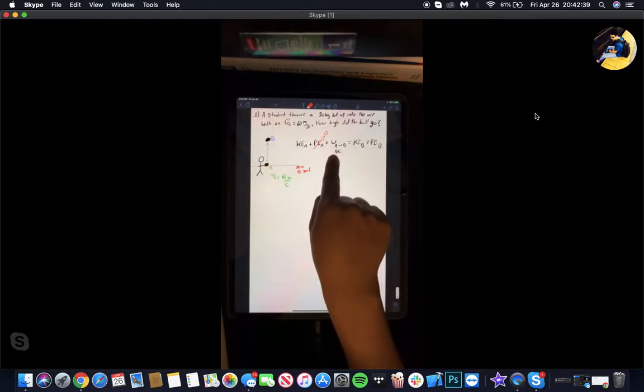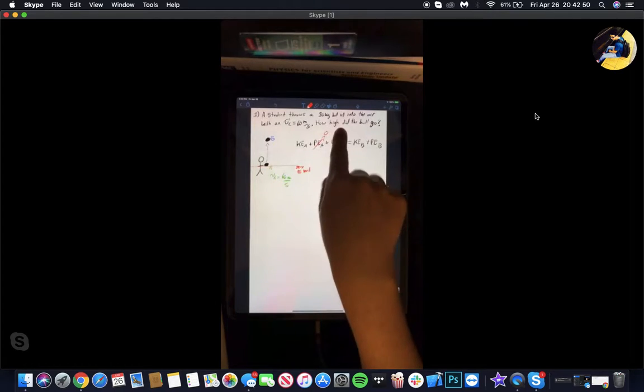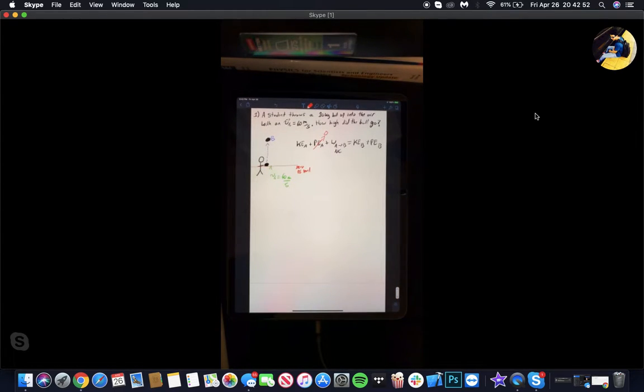Well, is there any work done by non-conservative forces? Is there any applied force? Is there any tension force? He throws it, I mean, that's an applied force. Well, it didn't say that he exerted a force onto it.